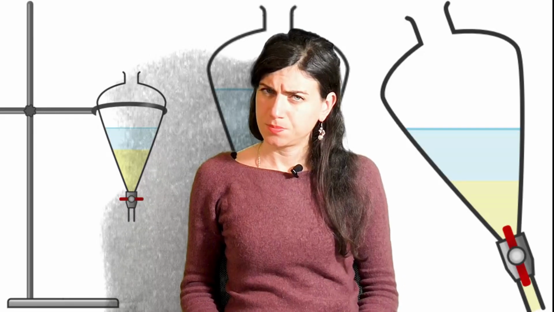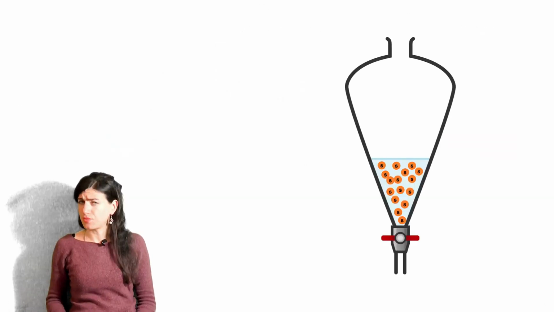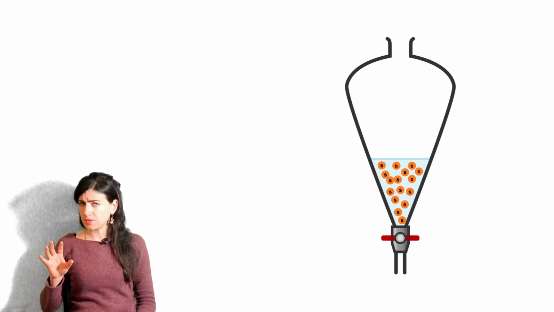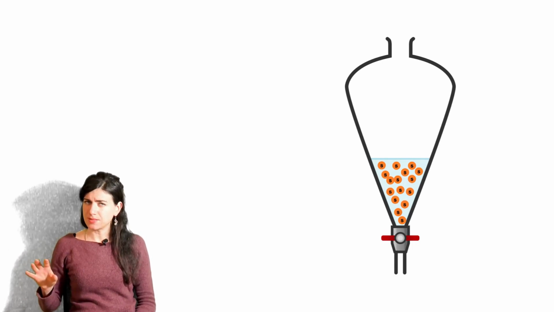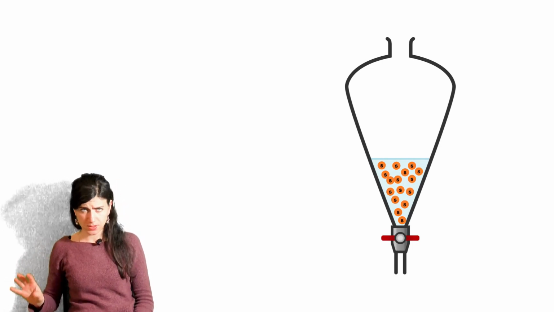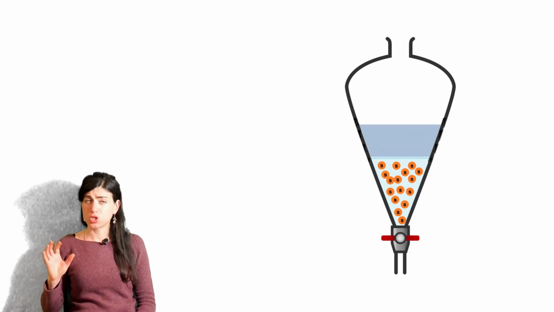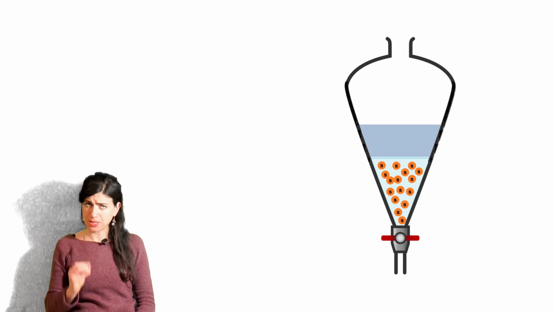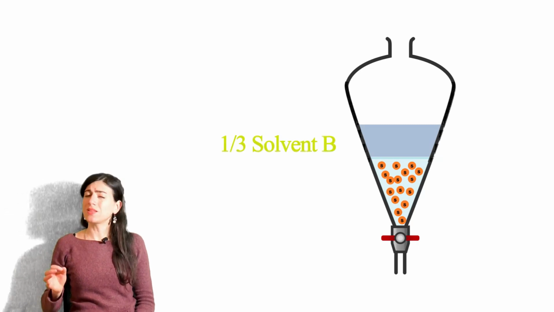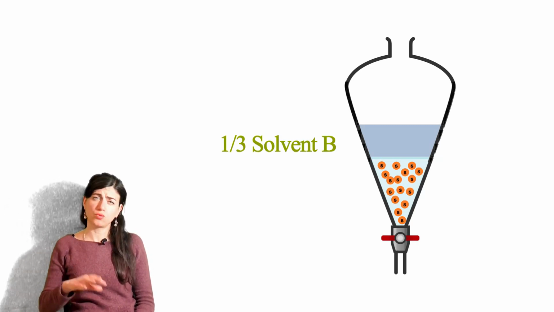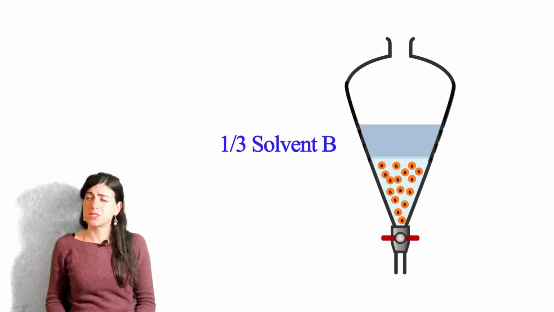What does this mean? It means that in my separatory funnel, I have my solvent A with my substance entirely within the solvent A. I add a small volume of solvent B where I want to transfer my substance, typically 1/3 of B compared to the volume of A, or sometimes even 1/5. And what will happen?